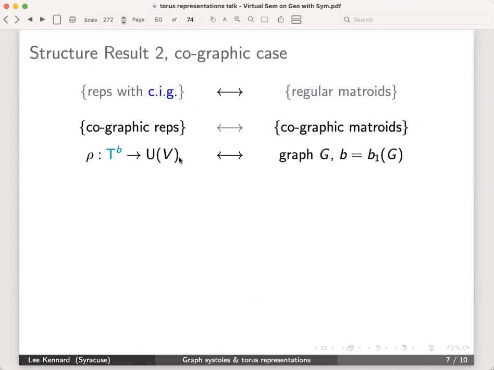So I explained a little bit that these are representations of a torus that come from a graph. All right, and I'm going to denote the Betti number by B. Remember, B was the Betti number. And remember, the irreducible representations correspond to edges in the graph. Each edge gives you one.